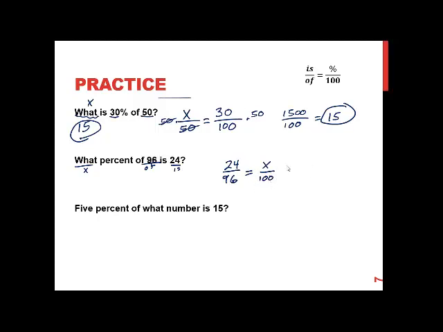Multiply both sides by 100 and we get 2400 divided by 96 equals x. And when we do that division, we end up with x equals 25. Now we also again need to remember this is 25%.